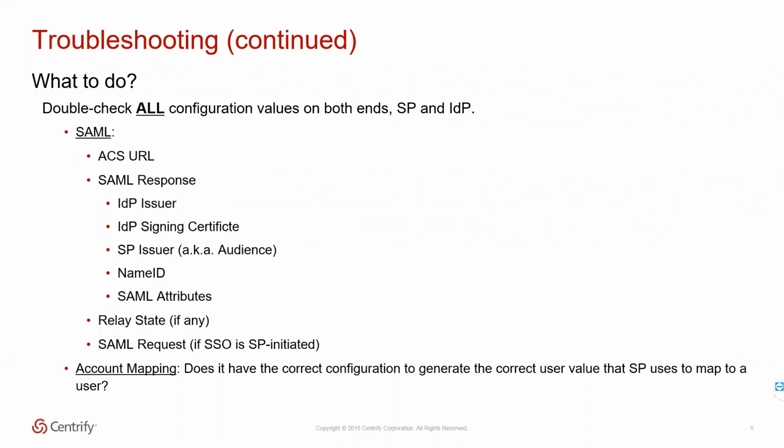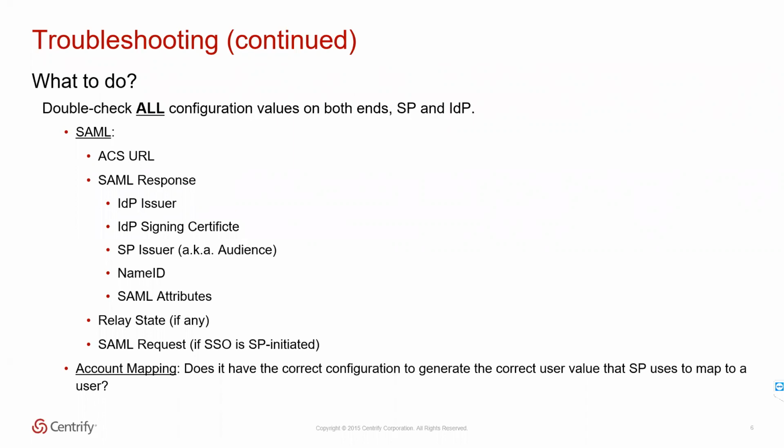If you use SAML attributes, those will be inside the response, and relay state, if used, will be showing up. And if the single sign-on we are troubleshooting is SP initiated, then there will also be a SAML request involved. All of these we can actually check by running a single sign-on being configured, looking at the network trace and verifying all these pieces.